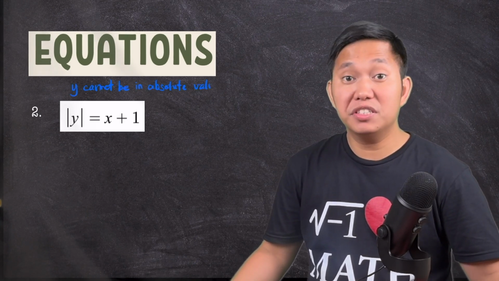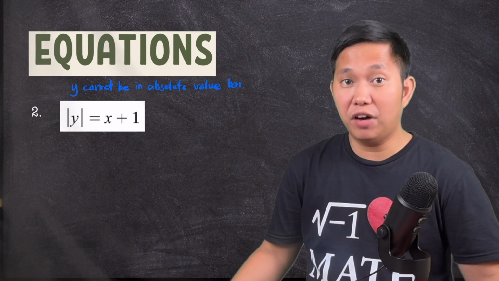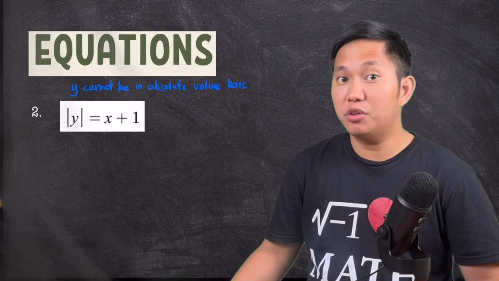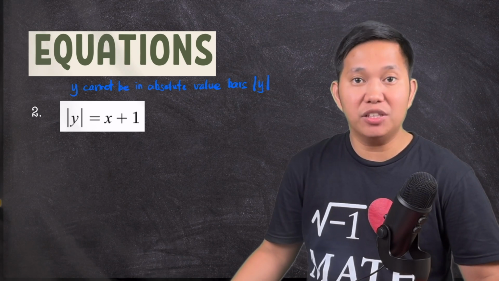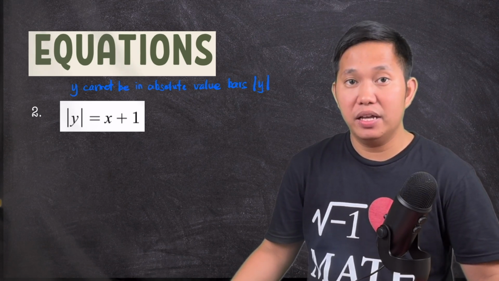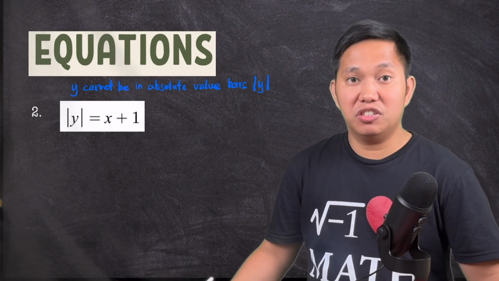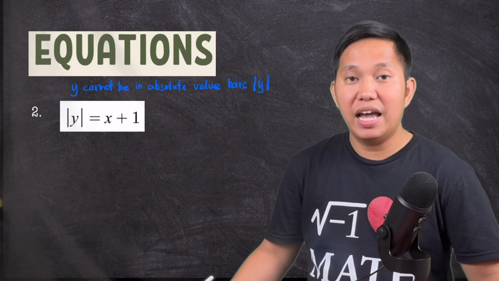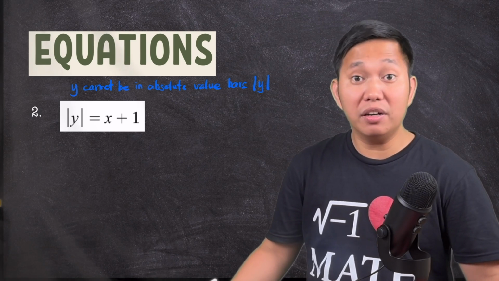Remember, when considering whether an equation represents a function, it's essential to note that for each input, there must be exactly one output. And the absolute value operation, denoted by this symbol, affects this concept because it produces a non-negative result regardless of the sign of the input.